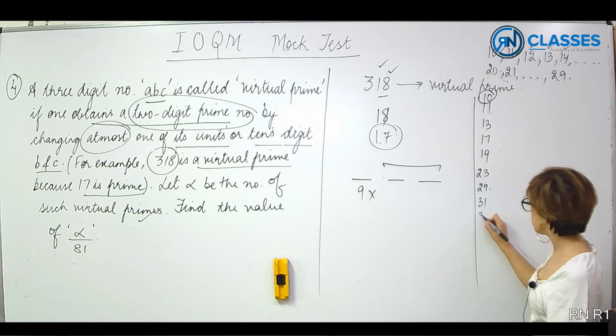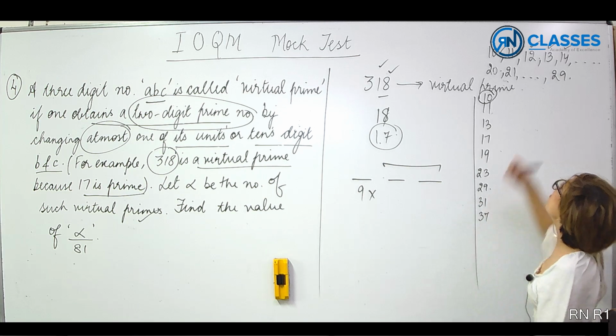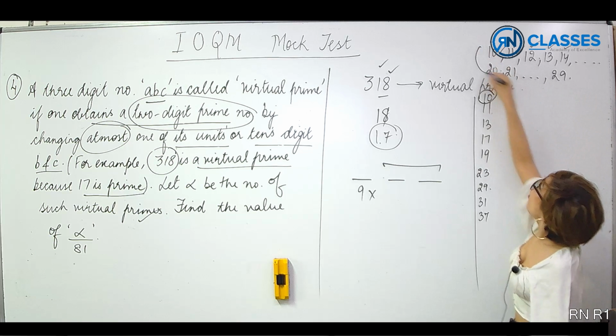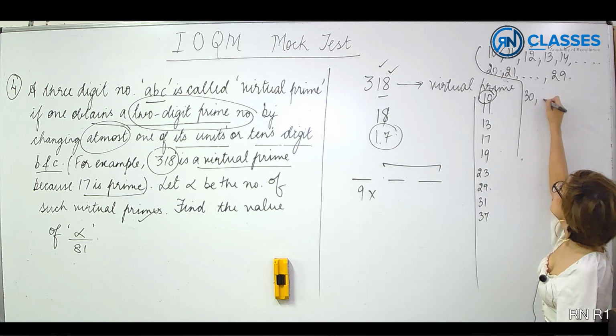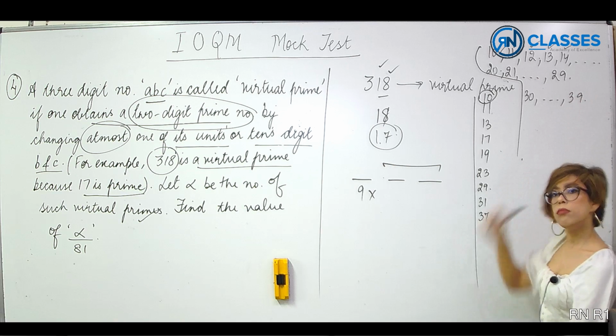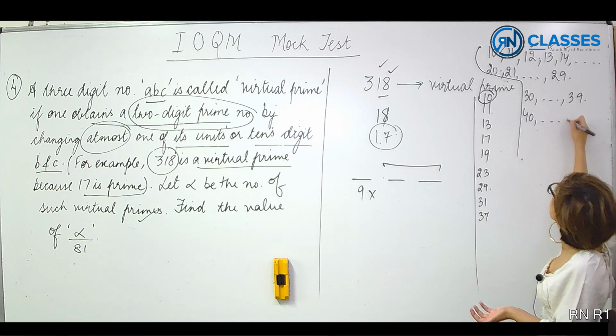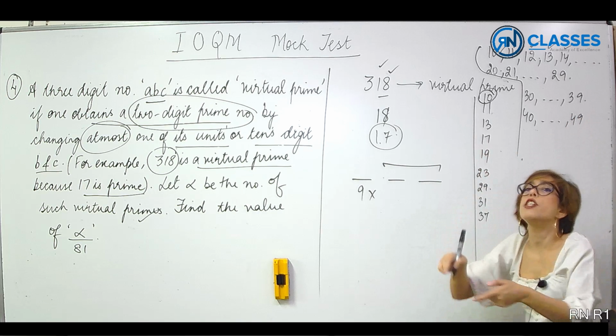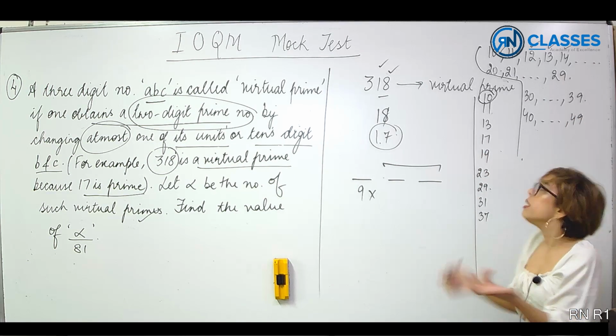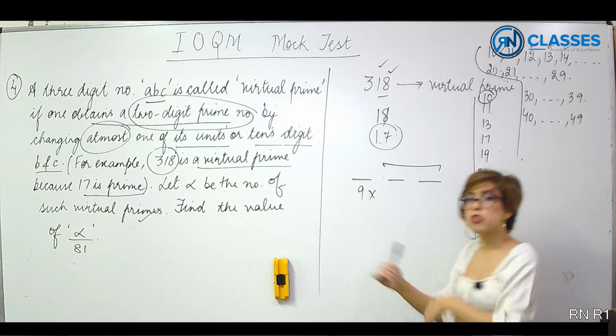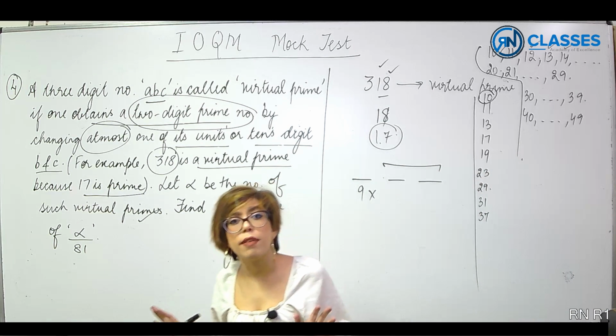And then we have 37. Right? So, again, I will cover up all the numbers from 30 to 39. Similarly, I will cover all of the numbers from 40 to 49. Why? Because I can change one of the digits and I will get 41. Similarly, 50 to 59, 60 to 69, all of the 2-digit numbers are covered up.